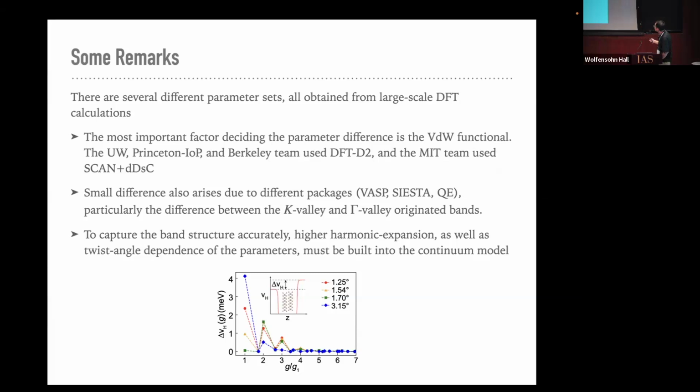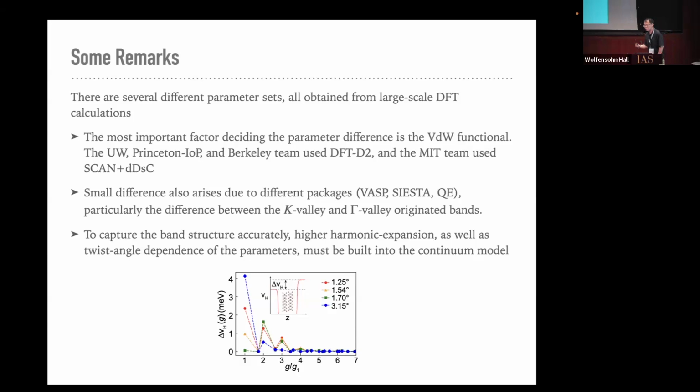But the MIT team used SCAN plus rVV10, and this actually caused the largest parameter difference. Also there are some small differences due to different packages like VASP, Siesta, Quantum Espresso, but those mainly determine the difference between the gamma and the K bands.